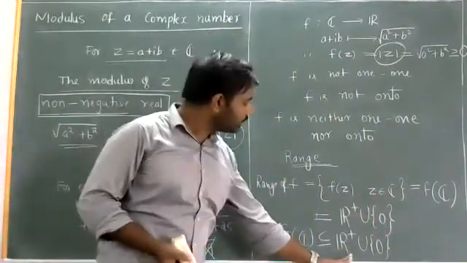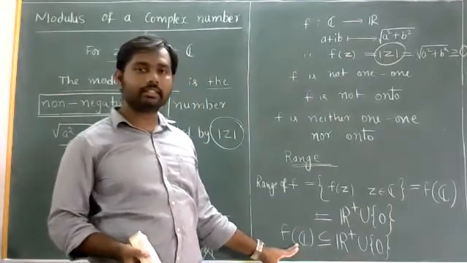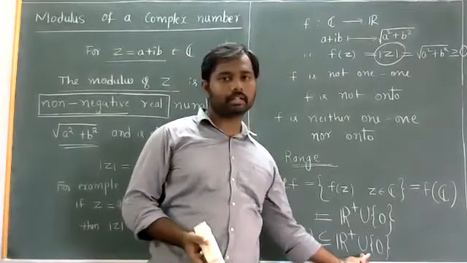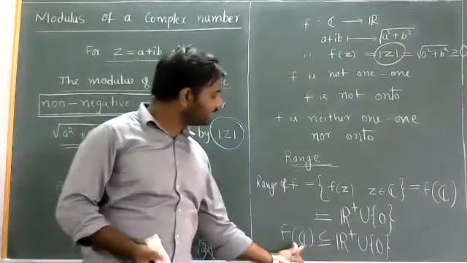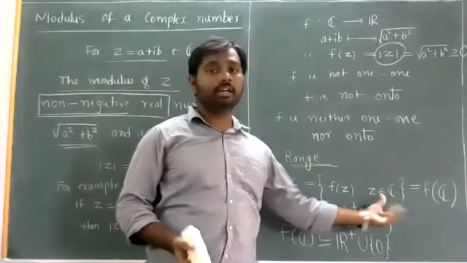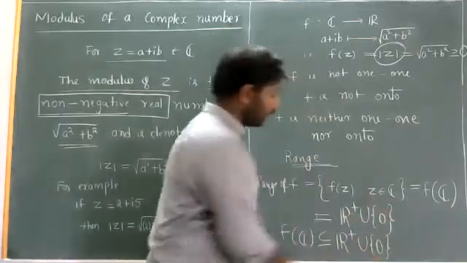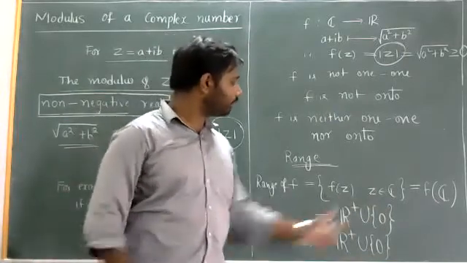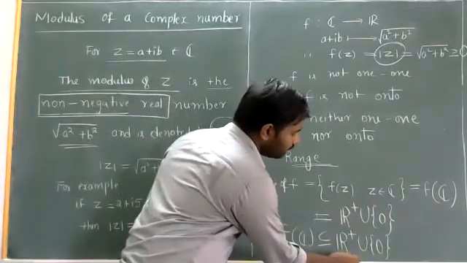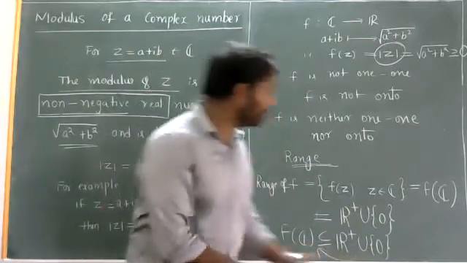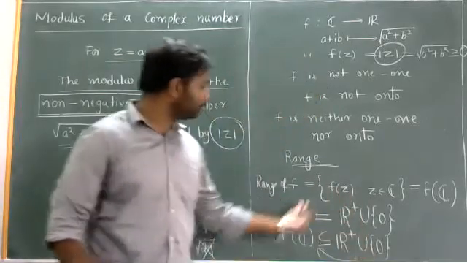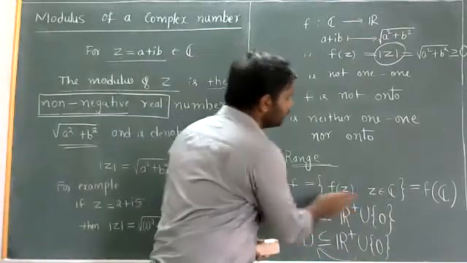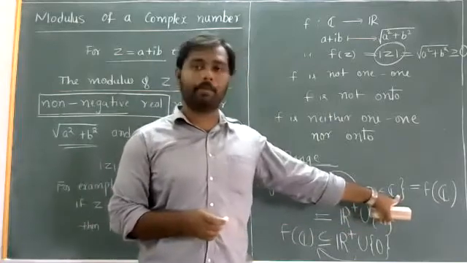Now, to say that this set is contained in this set, you have to prove every non-negative real number is an image of some complex number. An element of this set should be an element of this set, meaning it should be the image of some complex number.